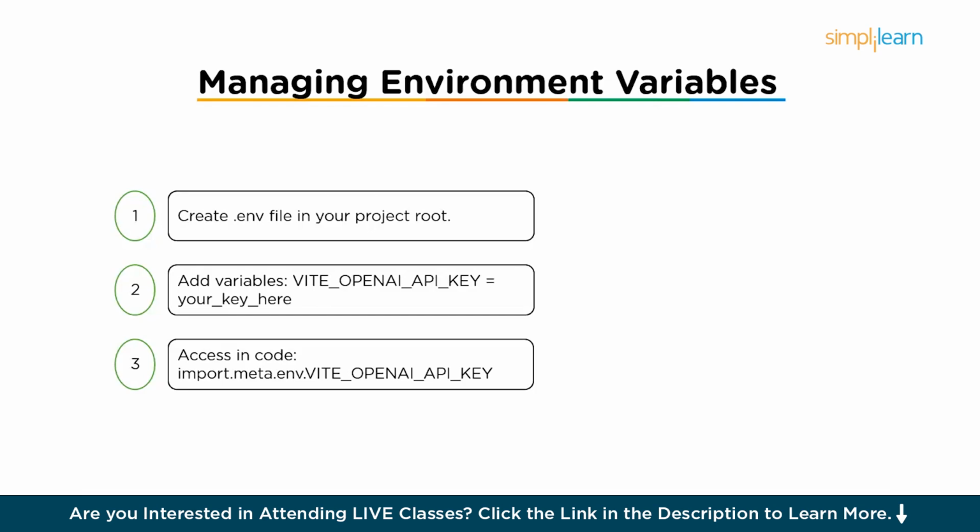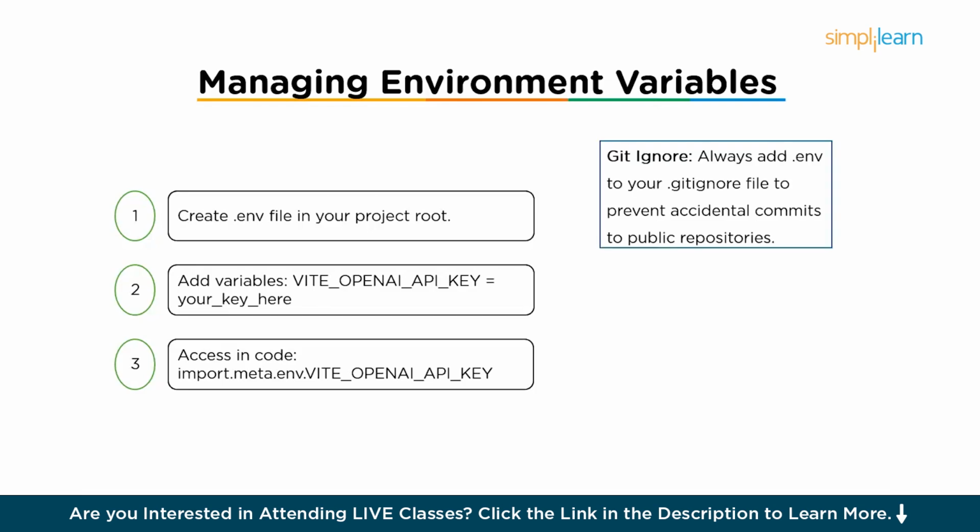Now, two crucial considerations for managing these variables. First, .gitignore. It is absolutely essential to always add .env to your .gitignore file. This prevents you from accidentally committing your sensitive API key and other private configuration data to public repositories like GitHub. If you forget this step, your key will be exposed to the world.